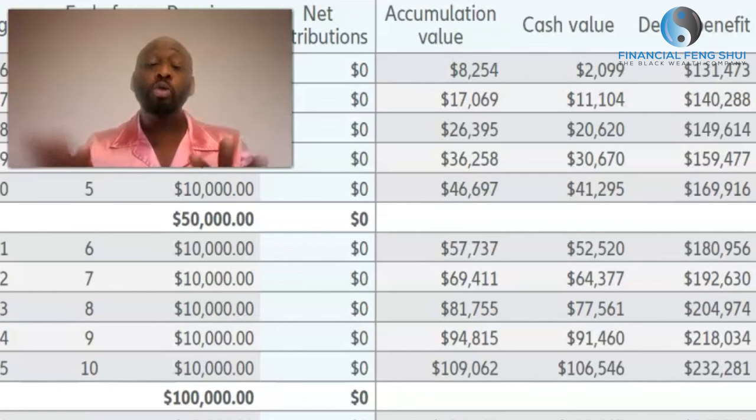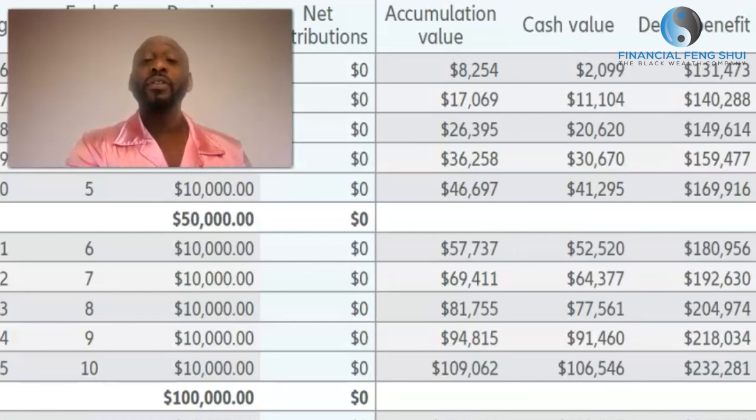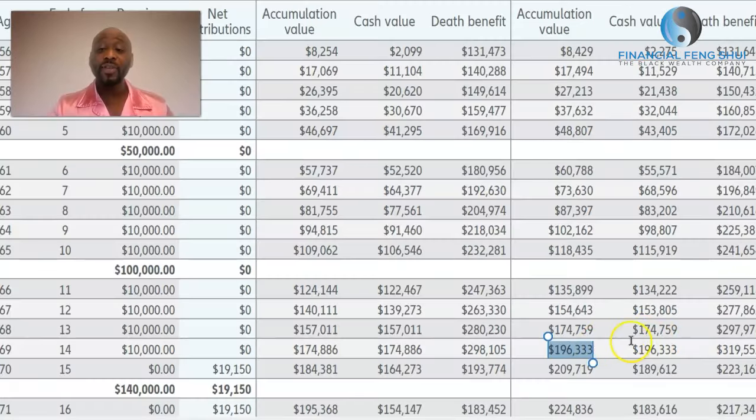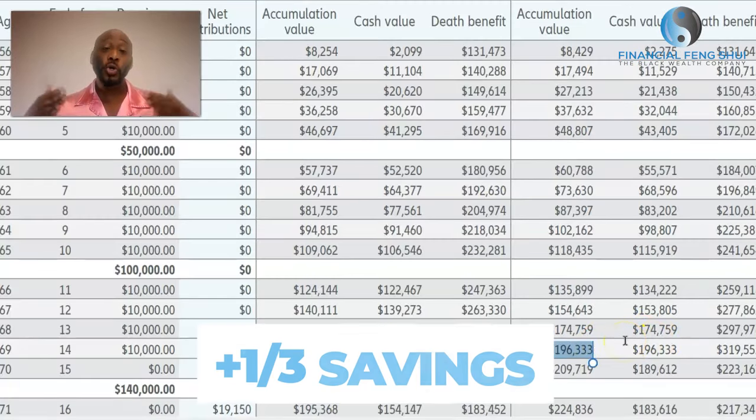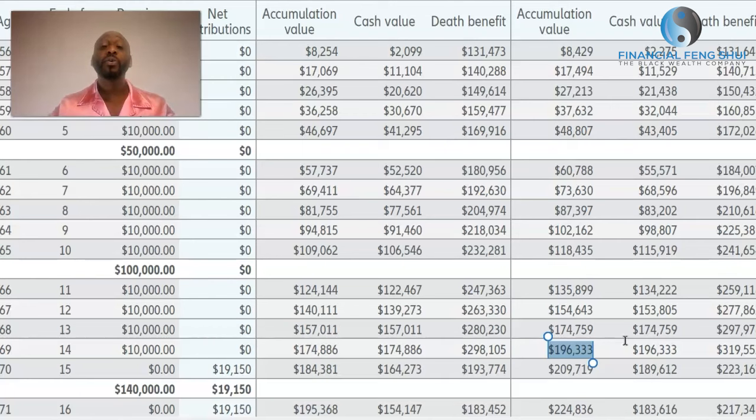But the amount of growth you're going to get on that savings depends on how the death benefit is on the front end. And so looking at this, we have about a third more in savings because we started our policy with the minimum death benefit.